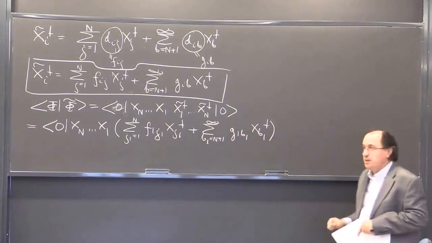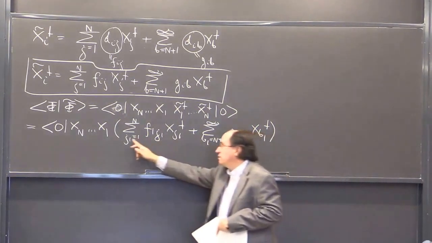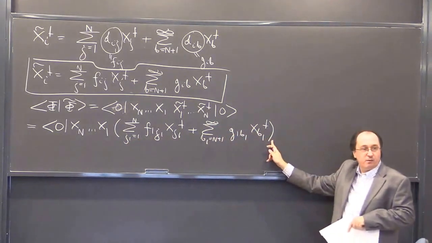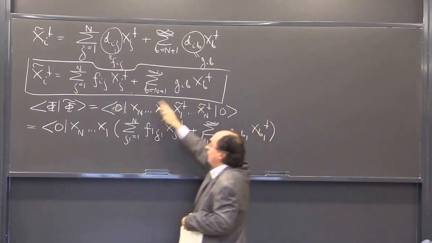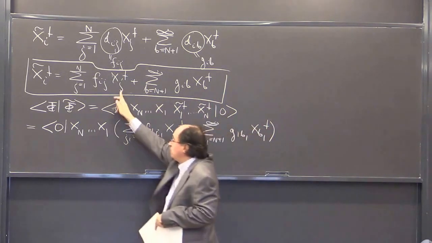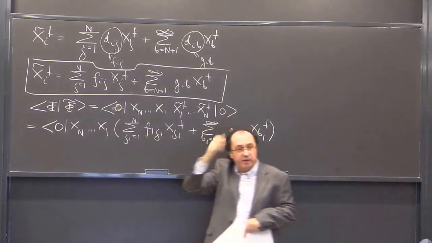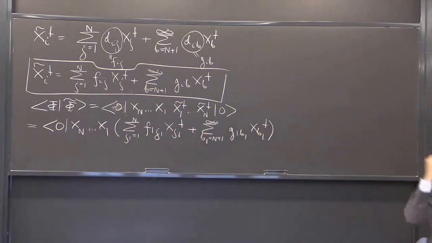Okay? This is simply the explicit form of x1 dagger. As you can see, I'm following this definition, and I'm replacing j here by j1 because I'm going to have many of these j's now for each of the creation operators.